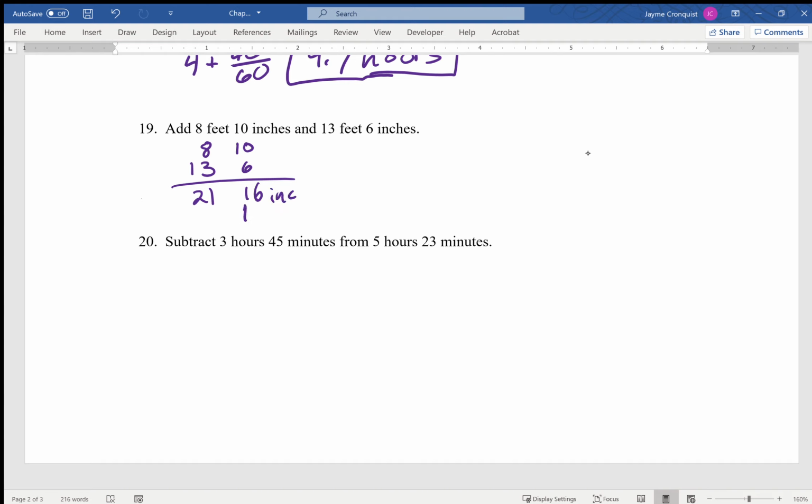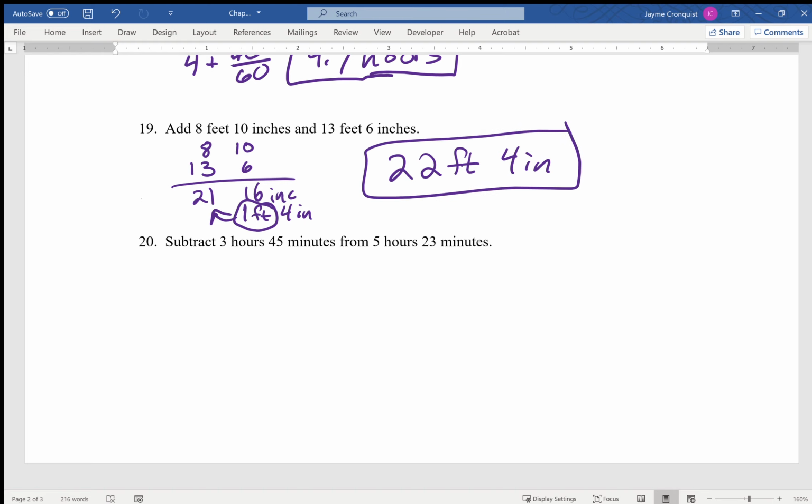So this is actually 1 foot and 4 inches, 16 minus 12. So I'm going to take this 1 and add it to the 21. So my answer is going to be 22 feet 4 inches.